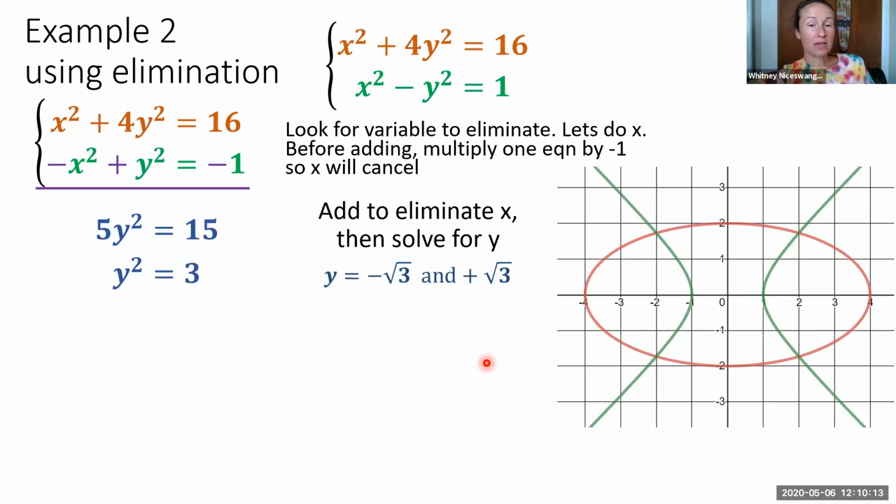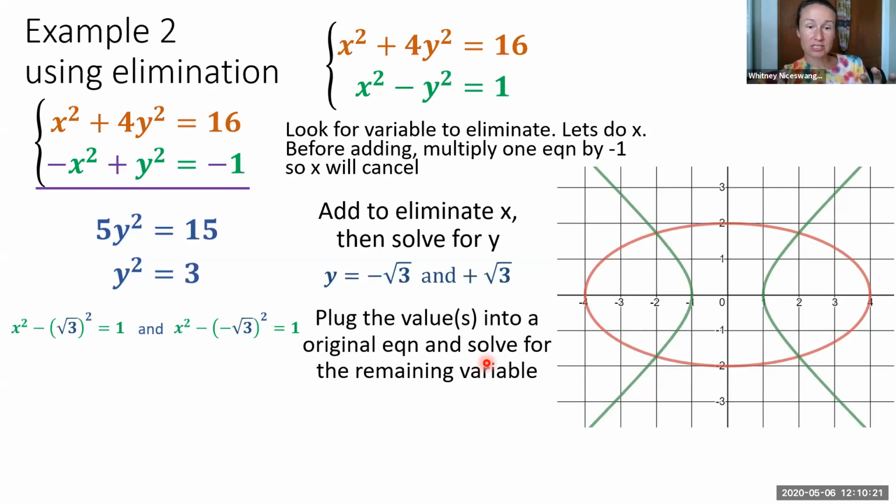All right, so we've got y equals negative square root of 3 and y equals the positive square root of 3. For each of those values of y, we're going to plug them into one of our equations, and solve for the corresponding value or values of x. I used my second equation because I just find this one easier. They're both actually equally easy to use. I plugged in y being the square root of 3.